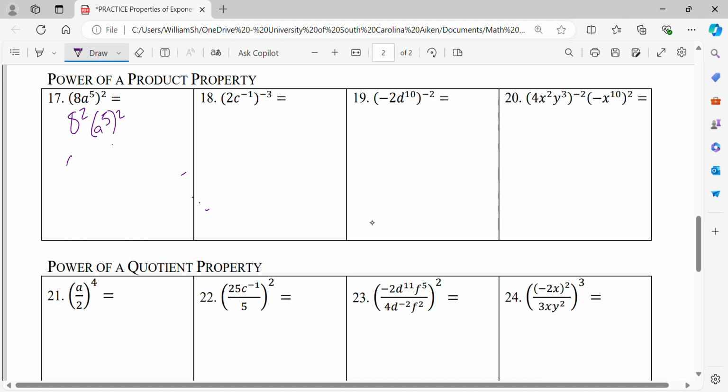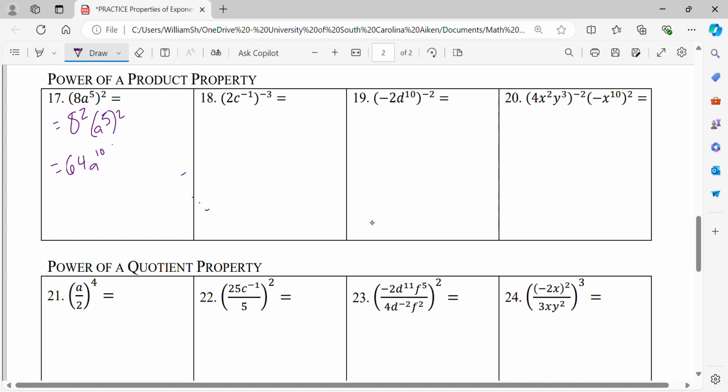Because that squared needs to go to both of those terms. Now 8 squared is 8 times 8, which is 64. And if I have a power to a power on this a base here, all I'm doing is 5 times 2. 5 times 2 is 10. So the final answer should be 64 times a to the 10th power.